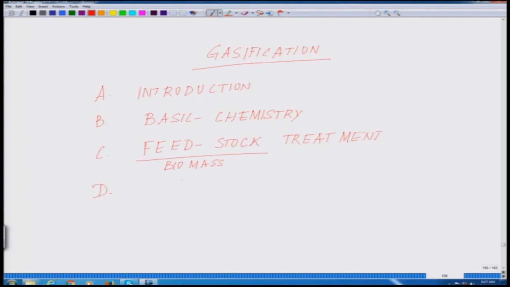Then we will be talking about the biomass properties. We have partly covered it, and here we will be covering it in the context of gasification. So, it will take us back to those basic properties.